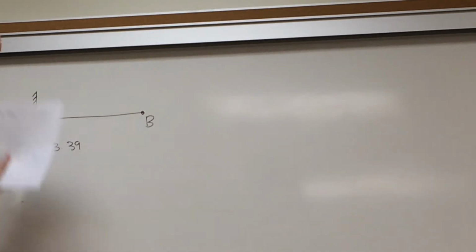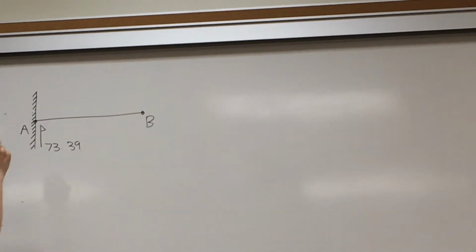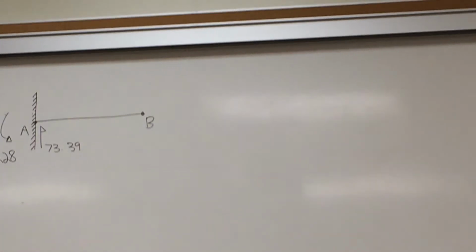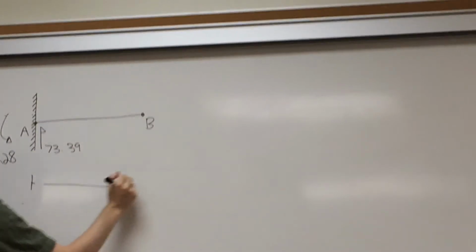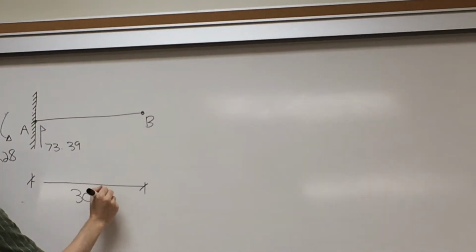So I took this column and rotated it on its side, so it looks like a cantilever beam now. And the moment associated with this was 1228. That came from that scale factor times what we found in that first sway analysis. The length of this is 30 feet.